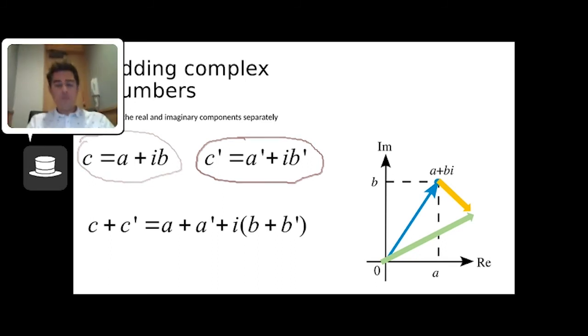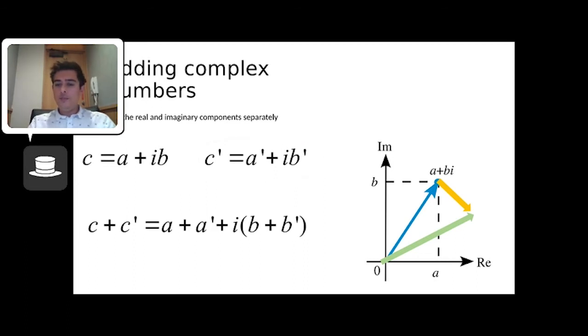The way that you do this is actually a lot like how you add vectors, which we'll talk about a bit later. But even if you're not familiar with it, it just follows a simple rule. What we're trying to do is add these two complex numbers, c and c prime.